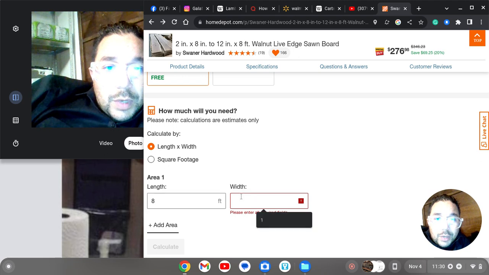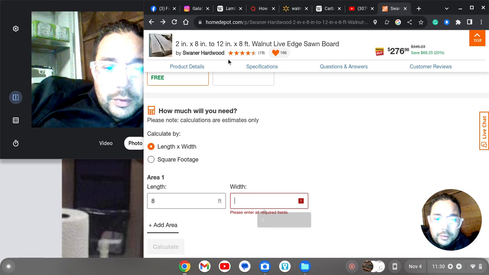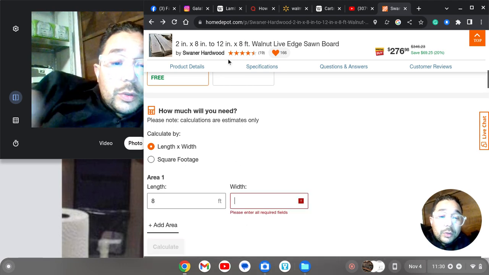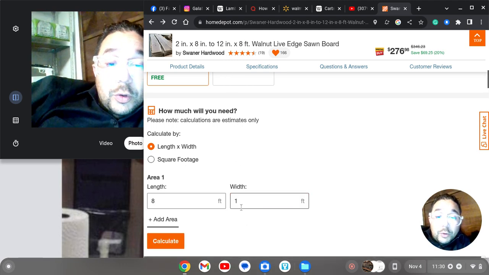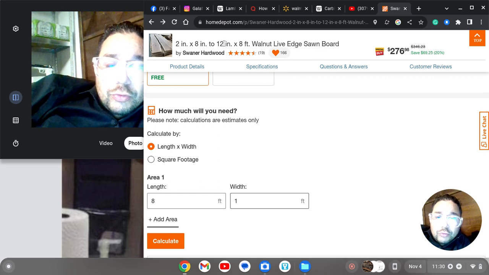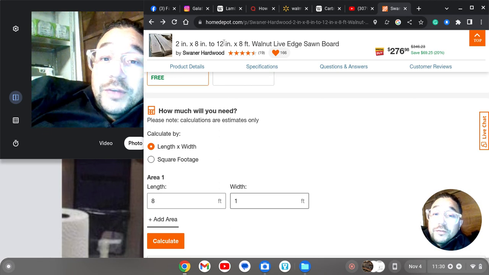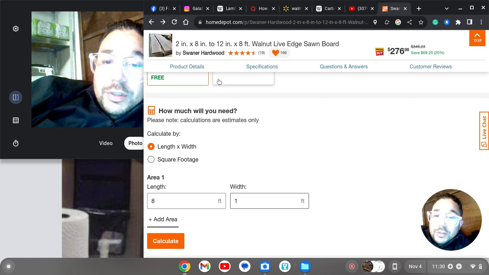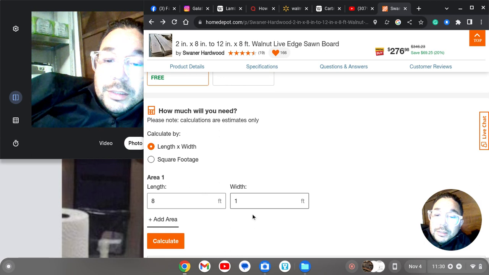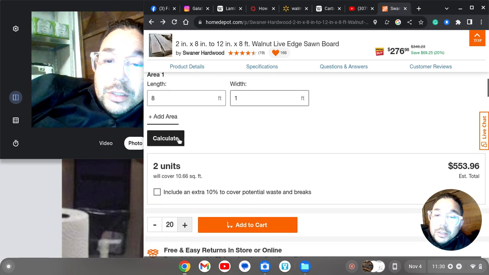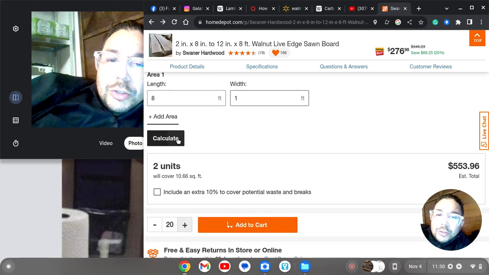And then the width is 12. Well, it's going by feet, so I'm going to select 1 feet, which will equal, the conversion of 1 feet to inches is 12, right? It'll calculate that for whatever reason.